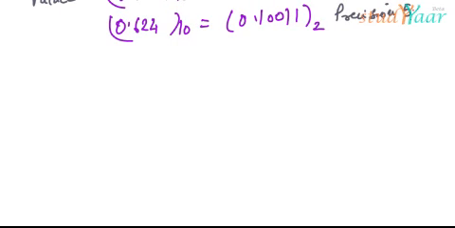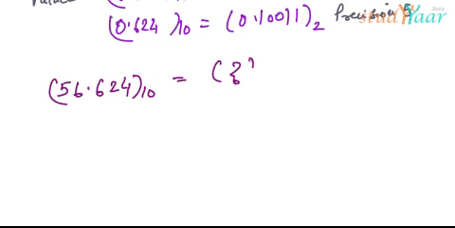So how would we convert a number having both an integral and, let's suppose, a fractional part into a binary number? Let's suppose this is my number. What is the equivalent binary number?